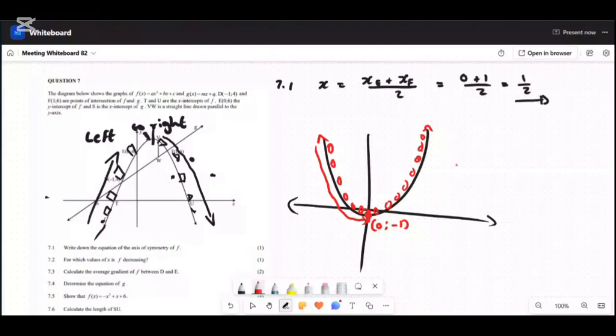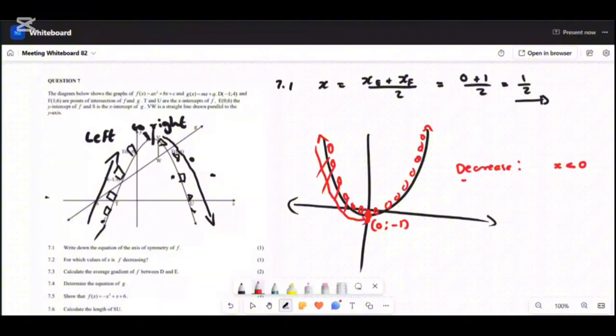That means for decreasing, it is when your x values are less than 0. Any value that exists on the graph there is negative, and a negative number is less than 0.